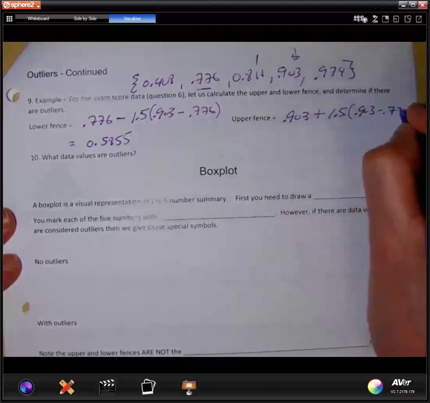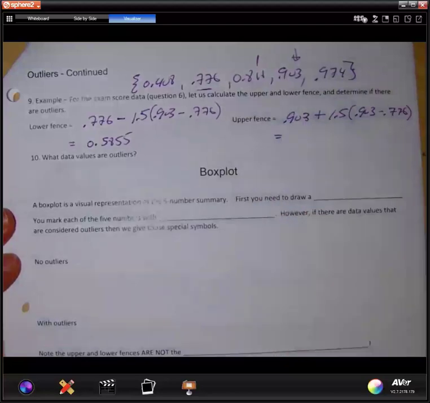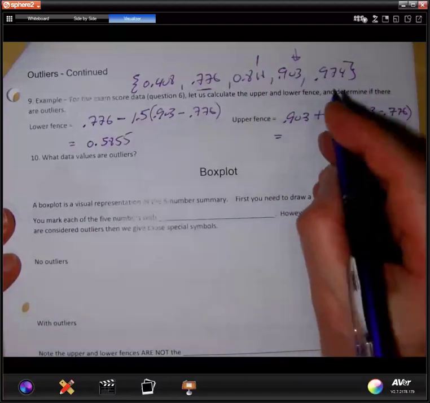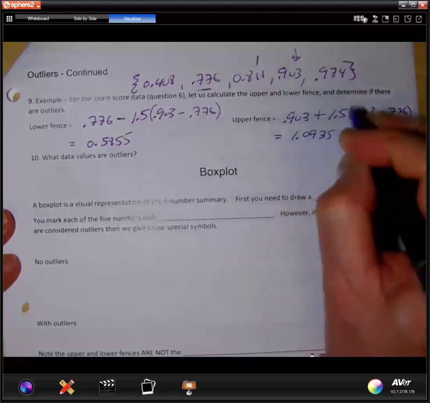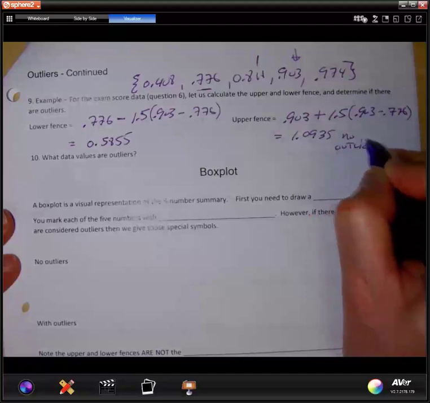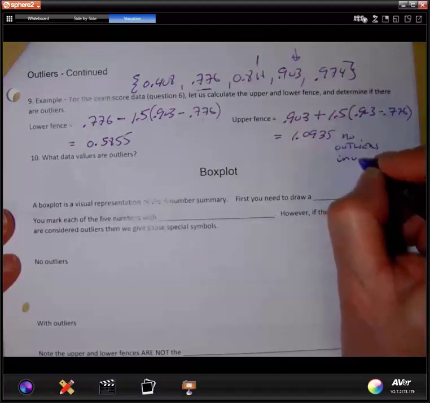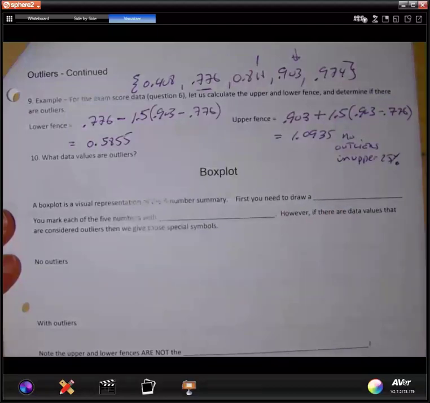So I know there are not going to be any outliers in the upper fence because the most the data can go is 1. That gives me 1.0935. I get no outliers in the upper 25%.